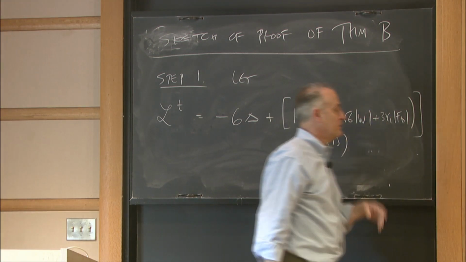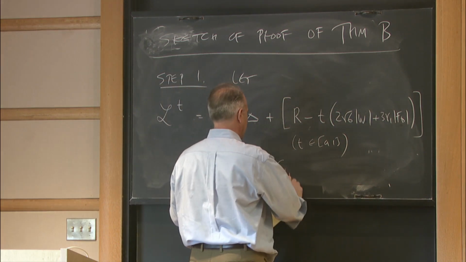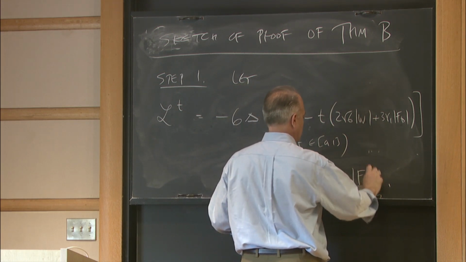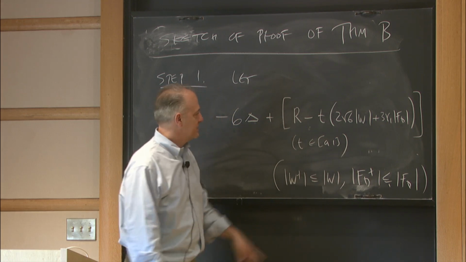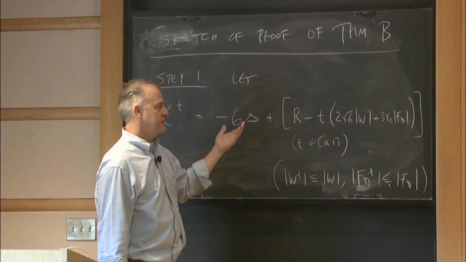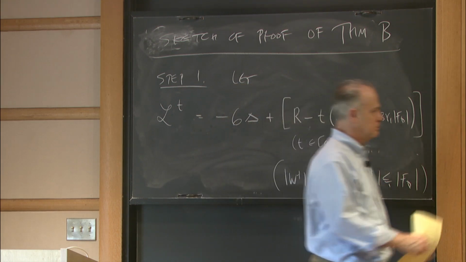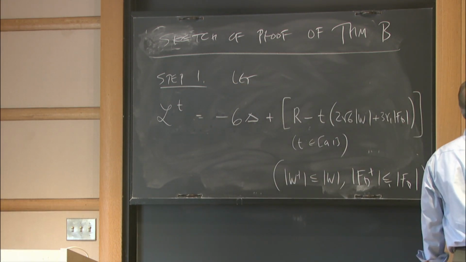I'm just using the fact that W plus is less than or equal to W. If you replace these with the pluses, I know that the eigenvalue is less than or equal to 0. All I'm doing is increasing the potential here, so I push down the eigenvalue. So I know when t equals 1, that eigenvalue is less than or equal to 0.